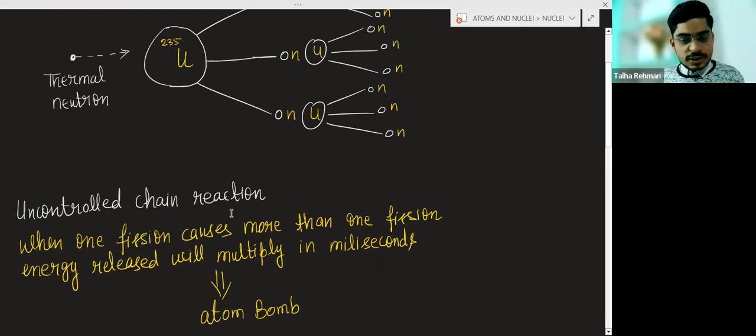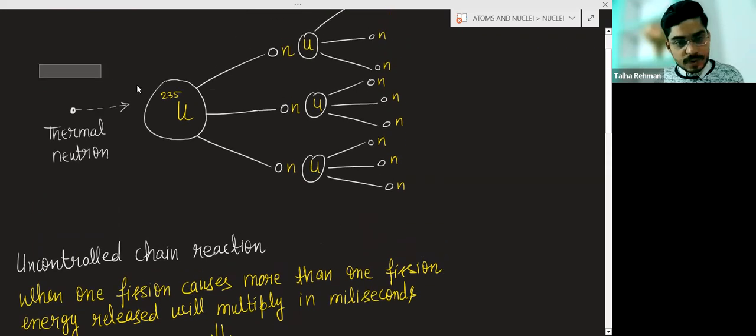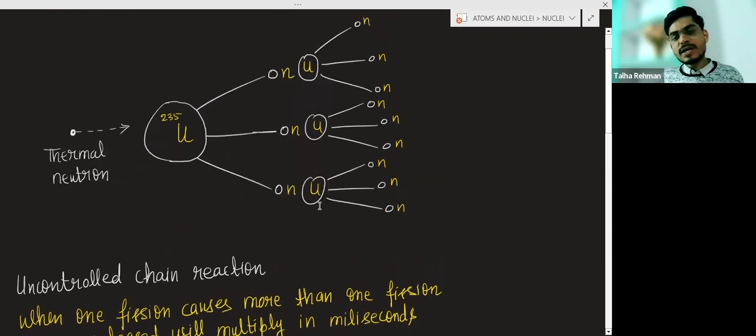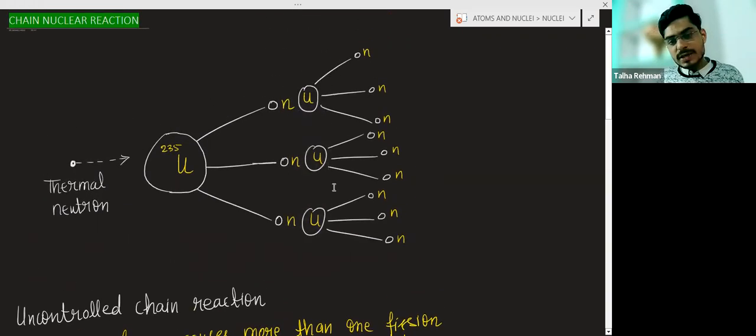So an uncontrolled chain reaction is when one fission causes more than one fission. Here due to this fission 3 fissions are taking place, and due to these 3 fissions 9 fissions are taking place. So basically this is a case of uncontrolled chain reaction.